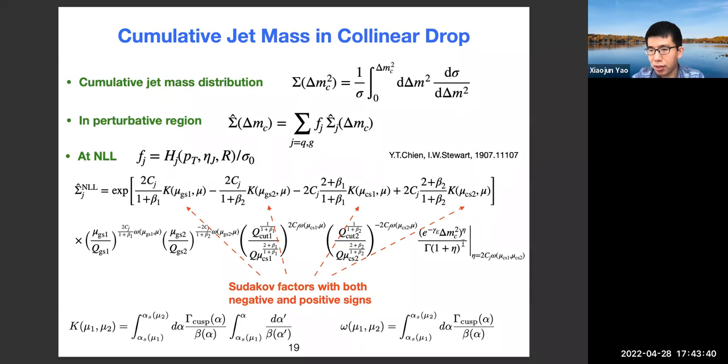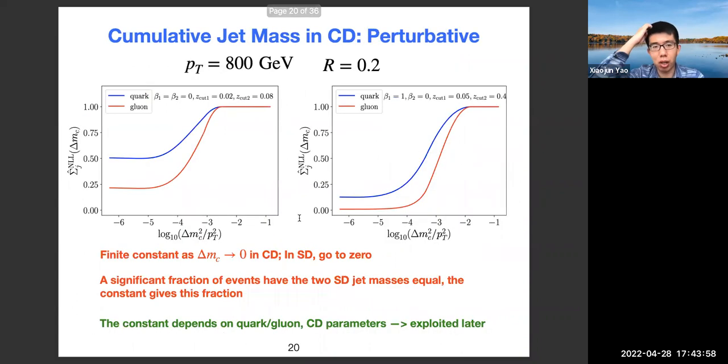We have the jet mass here. And these K terms are just double integrations of the cusp anomalous dimension with some beta functions. And the omega is the cusp over the beta function and integrated over some scales. So these are just some factorization formulas, and we can apply them and plot some cumulative distributions.